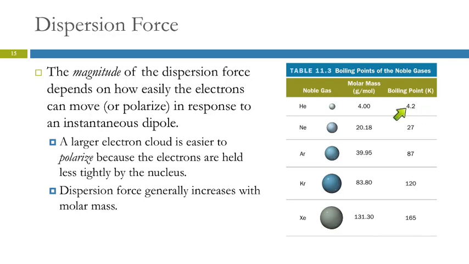You'll notice that these boiling points are in Kelvin. So helium boils, turns from a liquid to a gas, at 4.2 Kelvin. That's just barely above absolute zero. That's crazy, crazy cold. And even xenon boils at 165 Kelvin, which is way, way below 0 Fahrenheit.